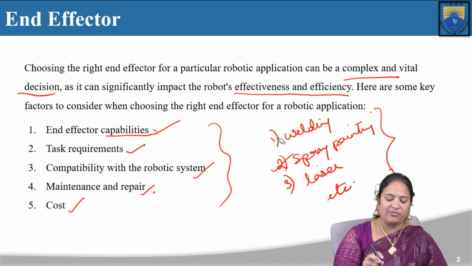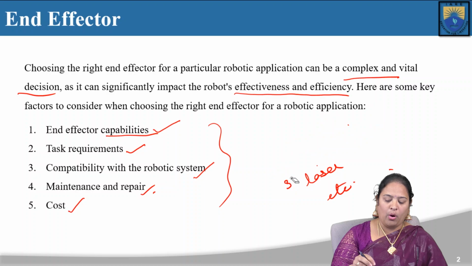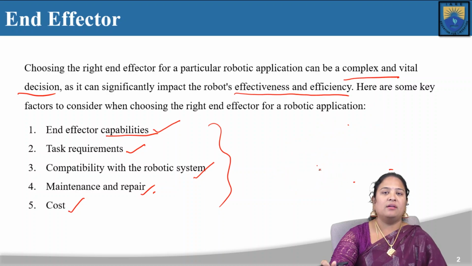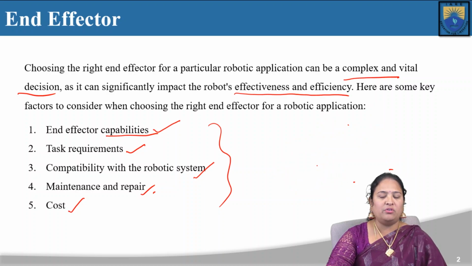So these are a few of the points which are to be noted down in order to select any particular type of end effector. In order to choose the right end effector, these are a few of the constraints which we need to keep in mind to design or select an end effector.